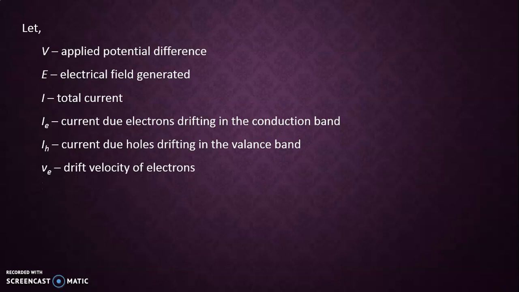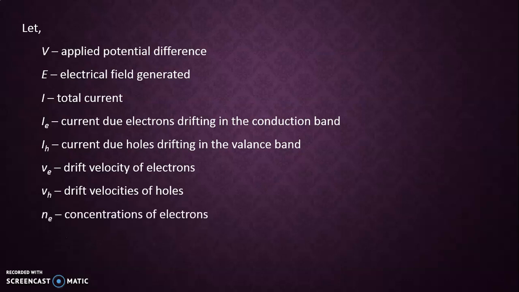Then V suffix E is the drift velocity of electrons, while V suffix H is the drift velocity of holes. Then N suffix E is the concentration of electrons, and N suffix H is the concentration of holes.